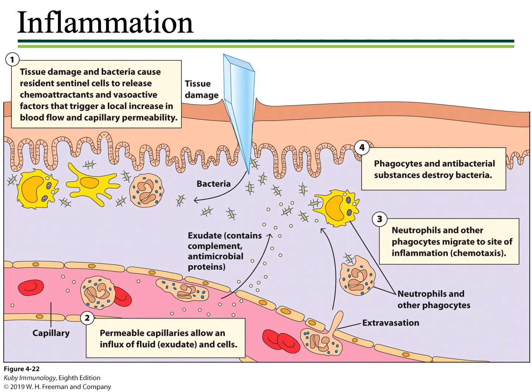Now, like I mentioned just a few slides ago, the very first thing that has to happen in order for an infection to take place is a breach of a physical barrier. Once the breach of the physical barrier has occurred, the first step of the innate immune response is inflammation.